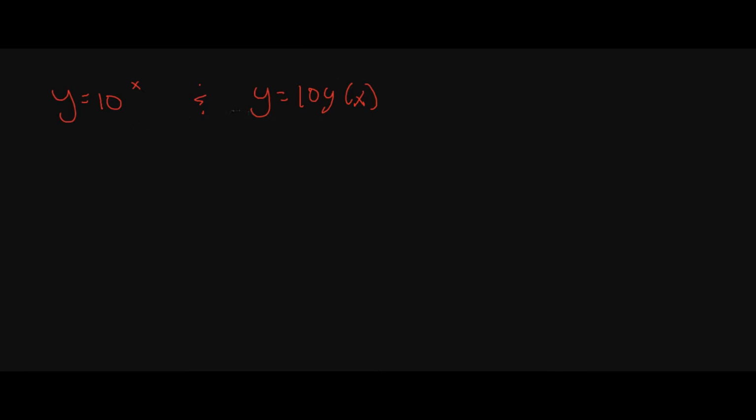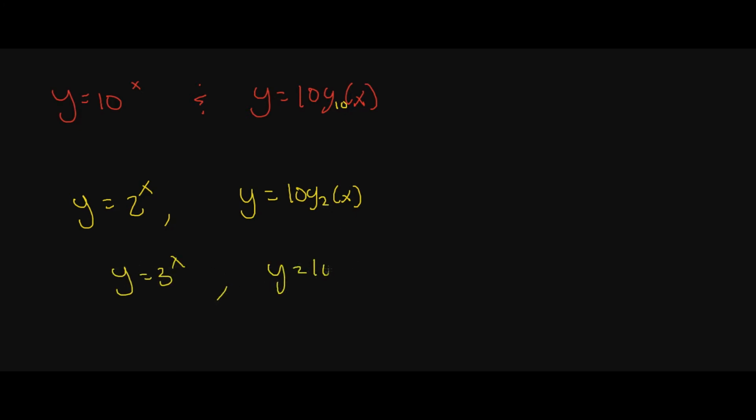And this is going to help us solve the proposed problem up above, which I'll show you in the next video. Now, one thing to keep in mind is that this is the inverse of 10 to the x, and it's our standard log, so there's kind of an invisible 10 there. For example, if we had y is equal to 2 to the x, the inverse of that would be log base 2 of x. If we had y is equal to 3 to the x, this would be y is equal to log base 3 of x.